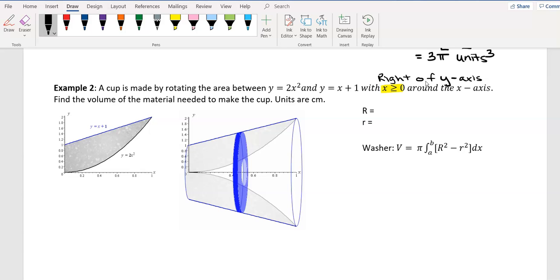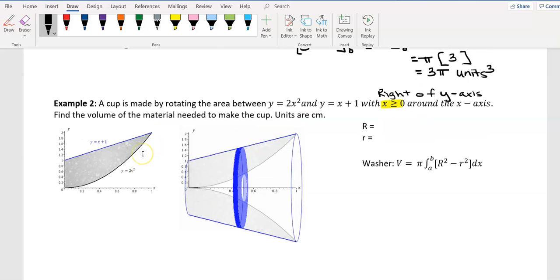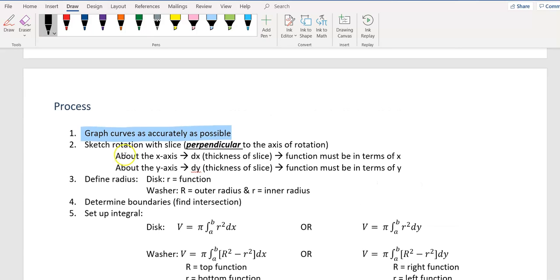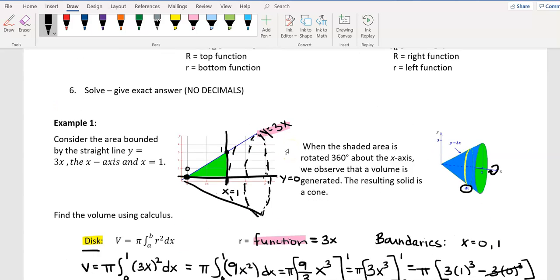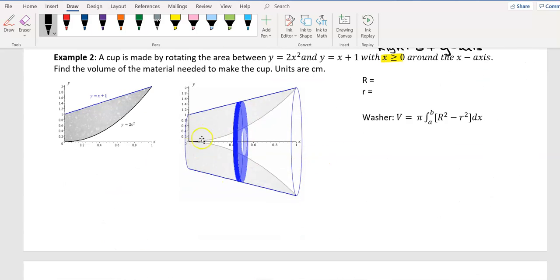So next, now that we have a sketch of the graphs, the next step is to sketch the rotation with a slice. And remember, your slice is perpendicular to your axis of rotation. Okay, so this is also drawn for us, but if it's ever not drawn for you, a suggestion is to kind of use the idea of symmetry to help you get the general look of it.